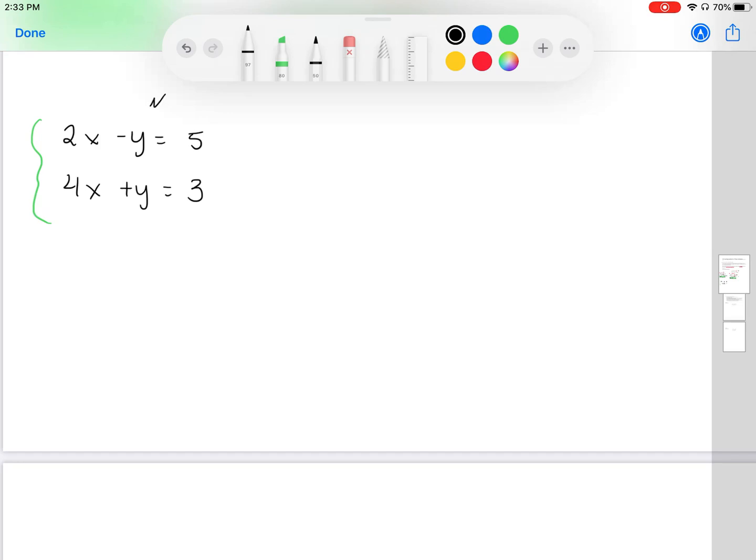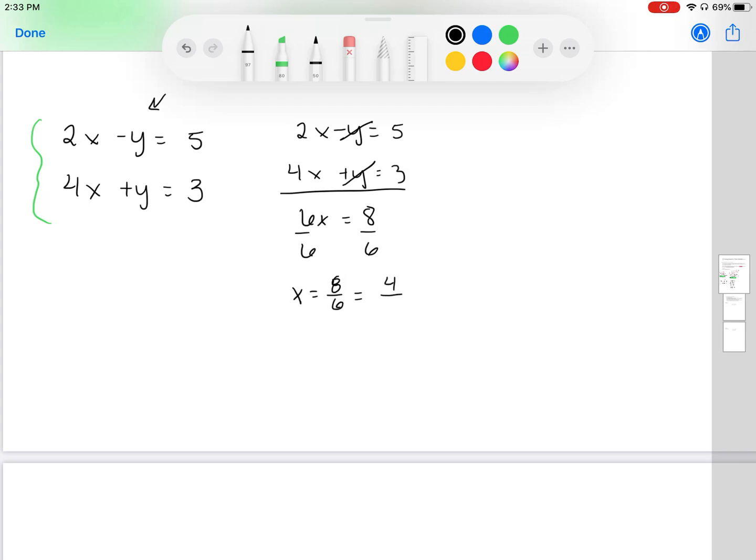We can easily eliminate our y's. Our y's add to make 0, and we're left with 6x equals 8. Divide by 6, x is equal to 8 over 6. This fraction can be divided by 2, so x is equal to 4 over 3.